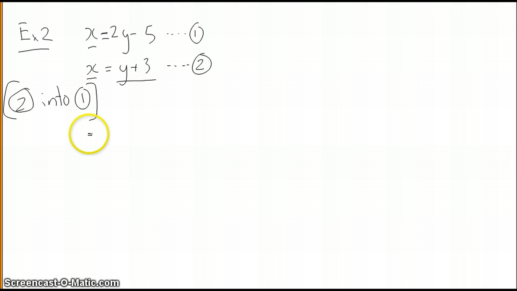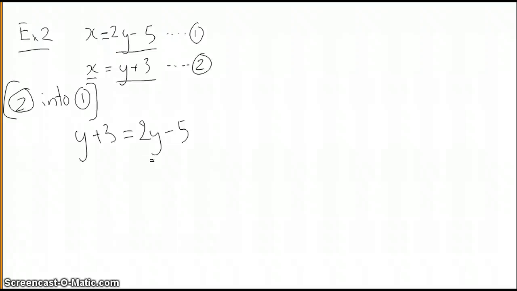So 2 goes into 1. So first term is going to be y plus 3. And carry on writing out equation 1. 2y minus 5. One equation, one unknown. I can solve that equation.